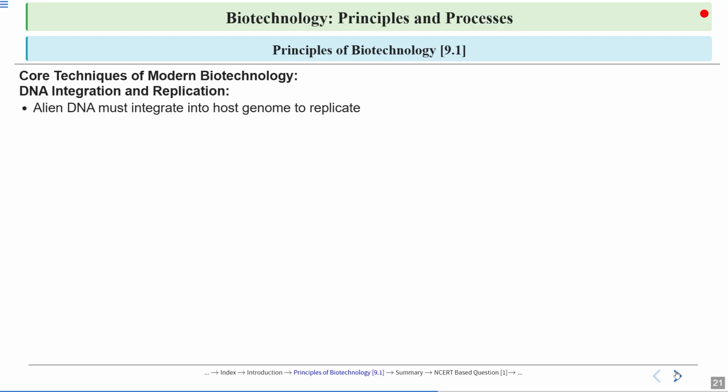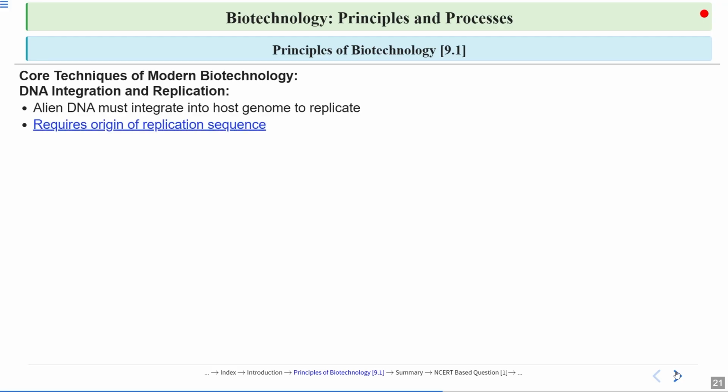What is the host? Host is the organism in which we are going to transfer this foreign DNA. We have to make sure that the foreign DNA combines with the host genome and then replicates also. It's not just that it binds to the DNA, but it has to replicate so that it can make proteins, or it can go to the upcoming progeny.